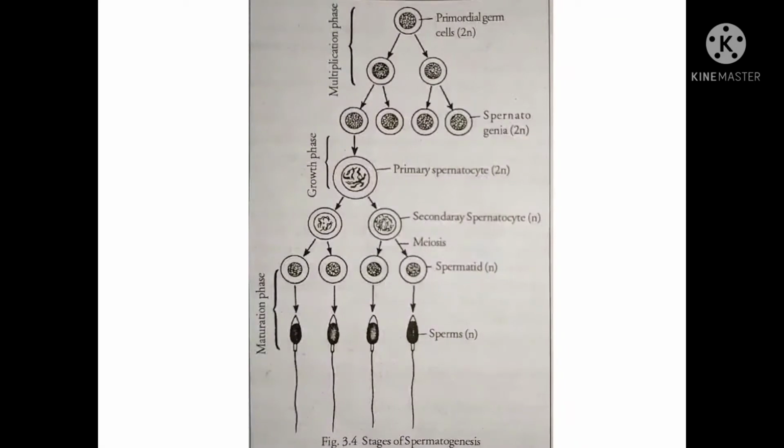This figure represents the process of spermatogenesis from primordial germ cells of seminiferous tubules. Diploid spermatogonia are formed by mitosis division.